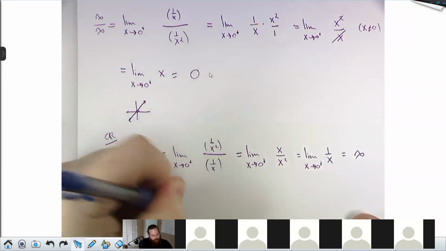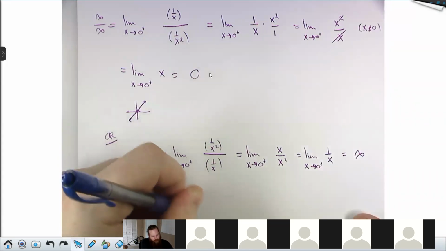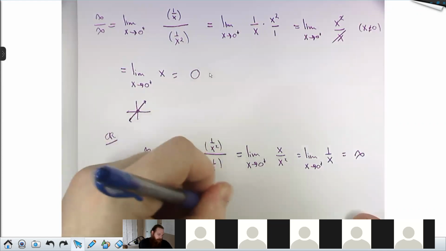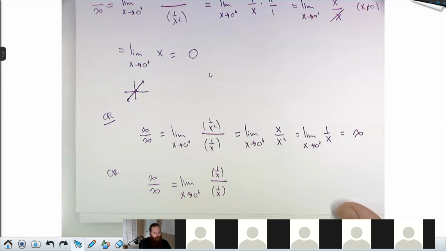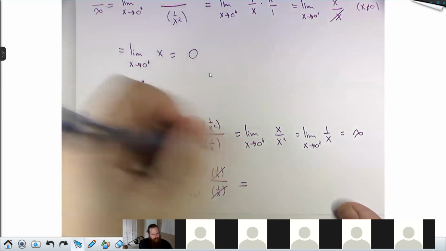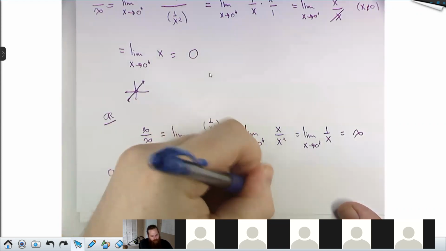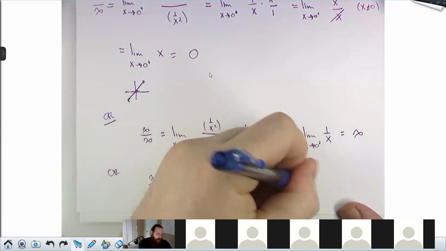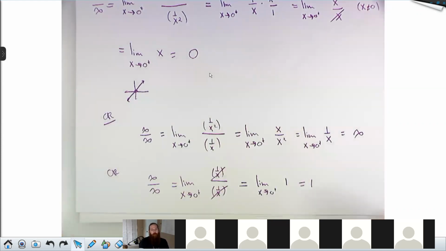Certainly here, the top is going to infinity and the bottom is going to infinity. But the numerator and denominator cancel exactly. This is the limit as x goes to 0 plus of the function 1, which is 1. So infinity over infinity could come out to 1, could come out to infinity, and it could come out to 0. It all depends on where it's coming from.